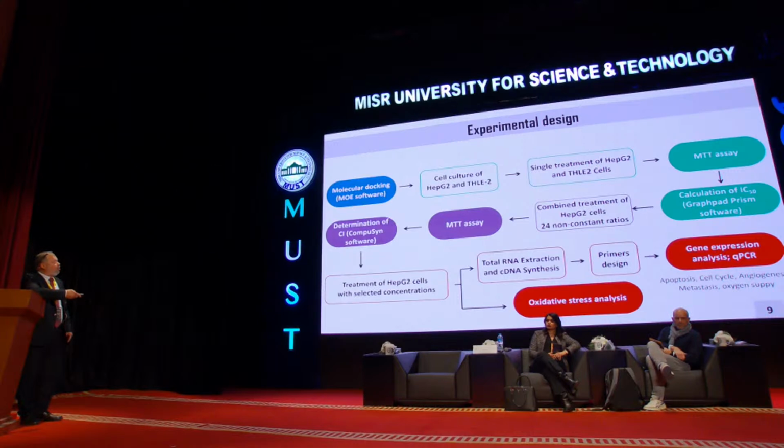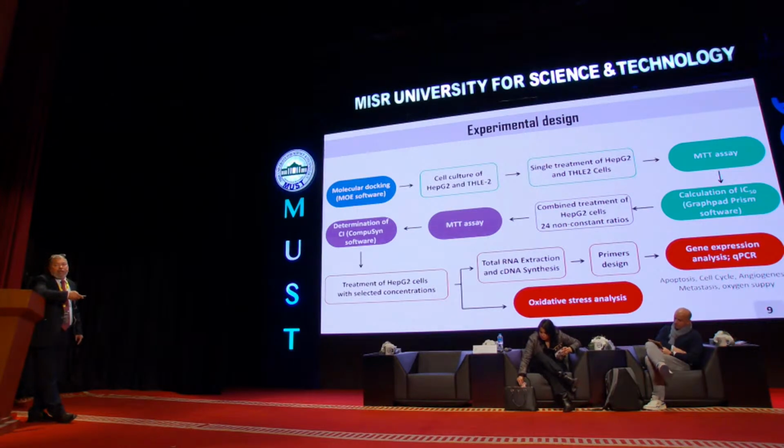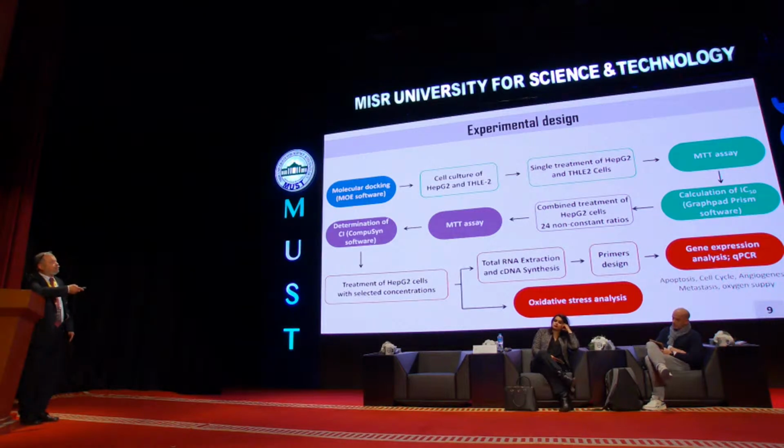Here is the workflow of our work. To check for the molecular docking, we have chosen some protein receptors, cellular receptors, and see what the interaction of melittin with these receptors is. Whenever you get a high affinity, this means that melittin has a high binding affinity with this type of receptors.